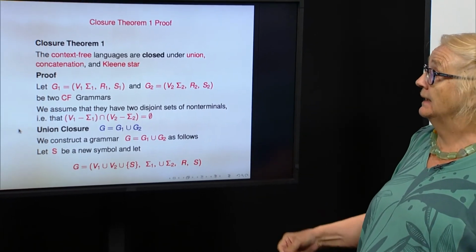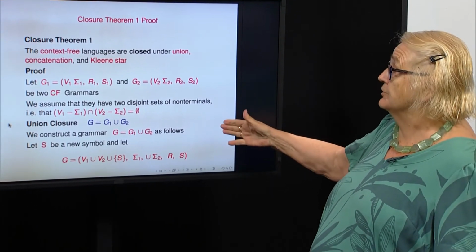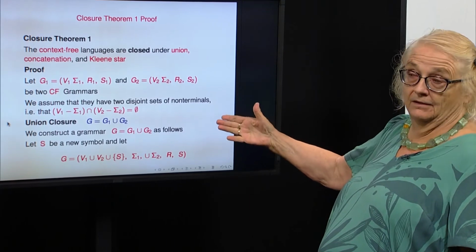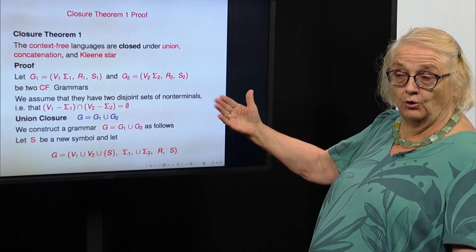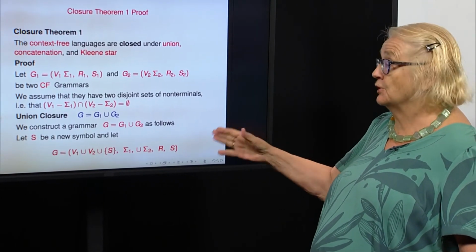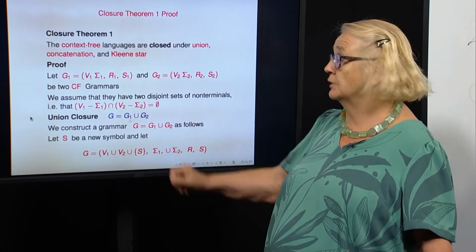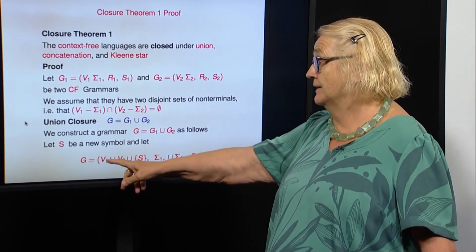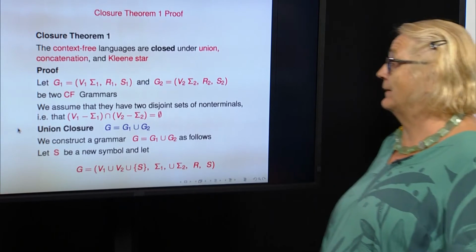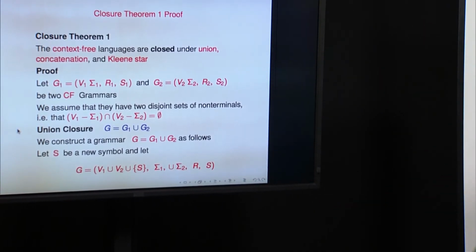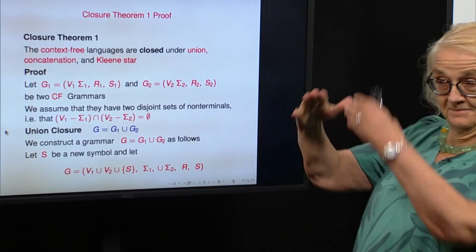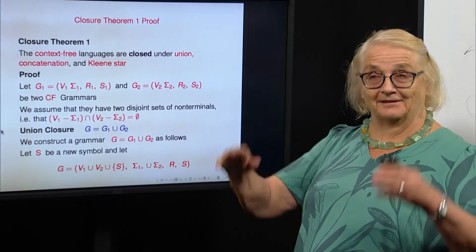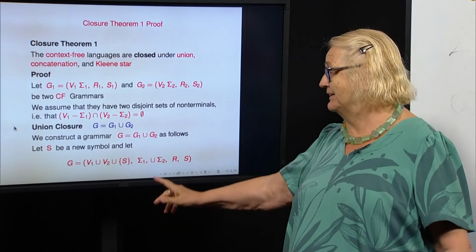And now we want to construct the closure under union. So you construct the union of two grammars as follows. Of course, the alphabets are the union. S is the same. Remember the picture of automata.